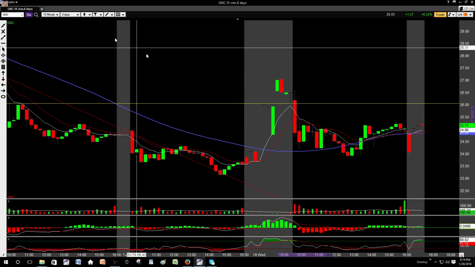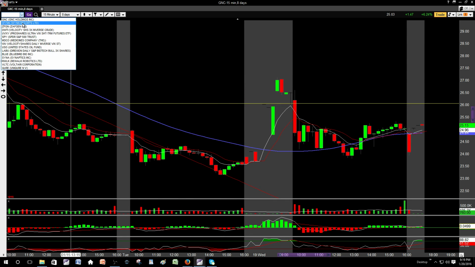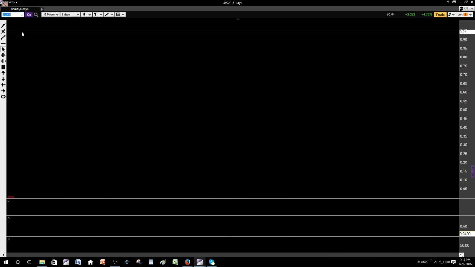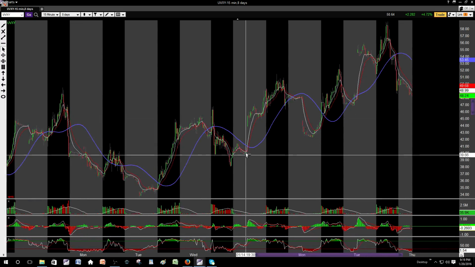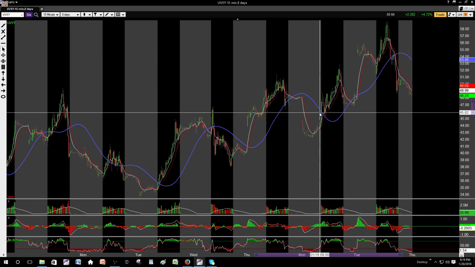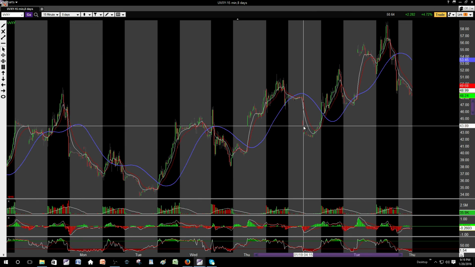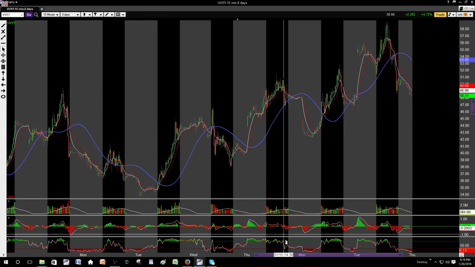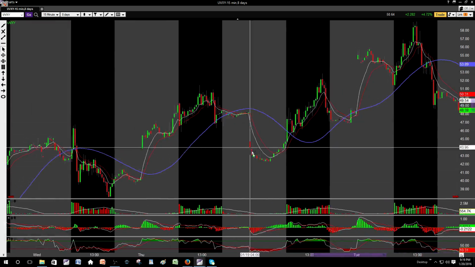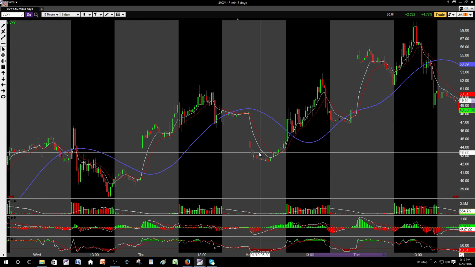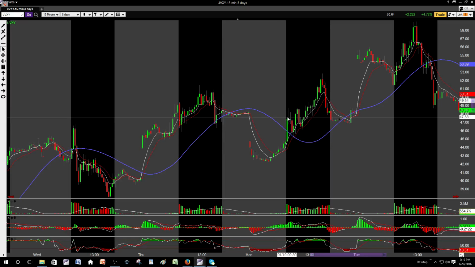That was when everything gapped up. It was yesterday, right? Okay, so everything was gapping up on this day, the previous day, when obviously the market was popping, the futures were green, and everything gapped up on this day, right?